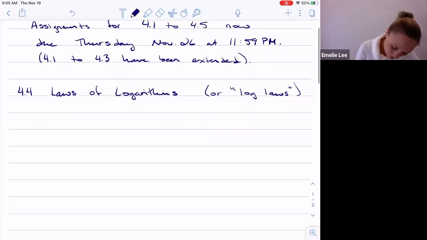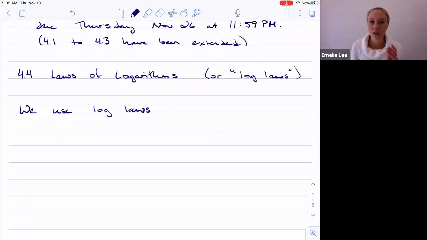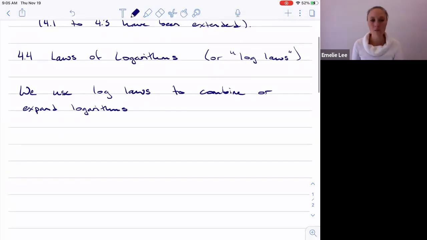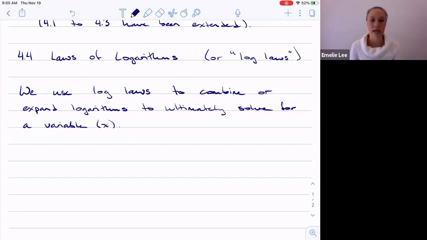And so we use log laws to combine or expand logarithms to ultimately solve for a variable, which is typically something like x.